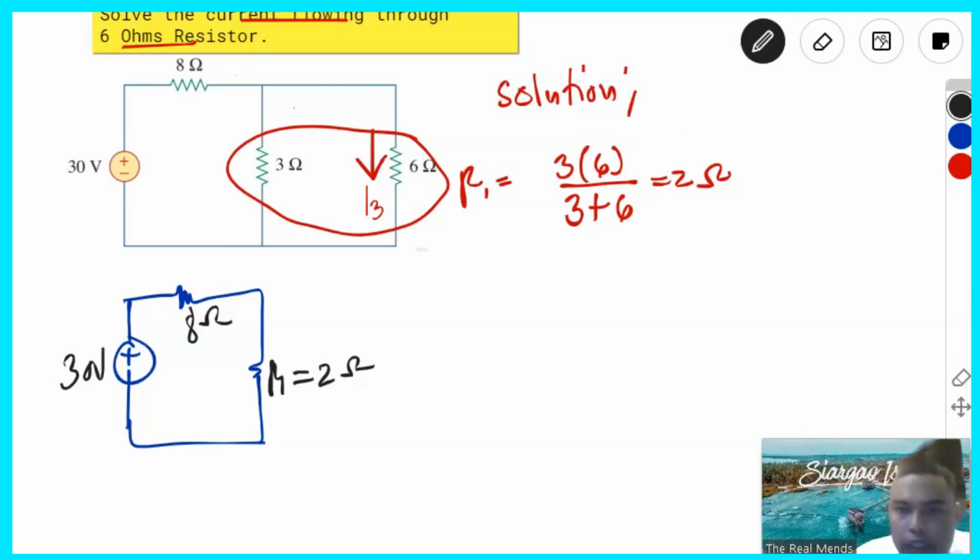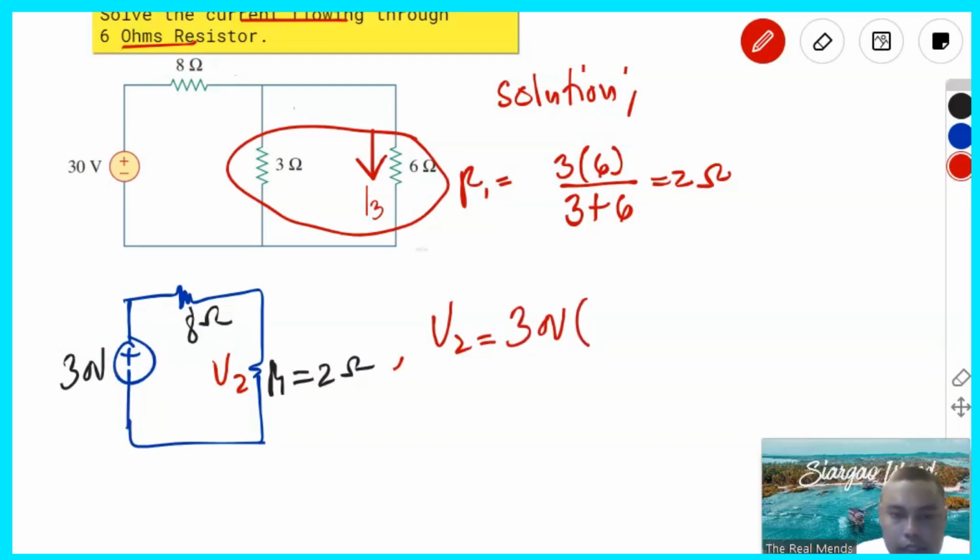Okay, so for this gamitin natin yung technique na voltage divider, can be called as V2, where for voltage divider V2, that is the total voltage 30 volts times the resistance itself, that is 2 ohms.